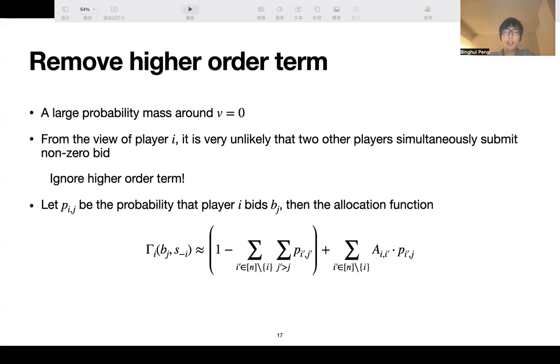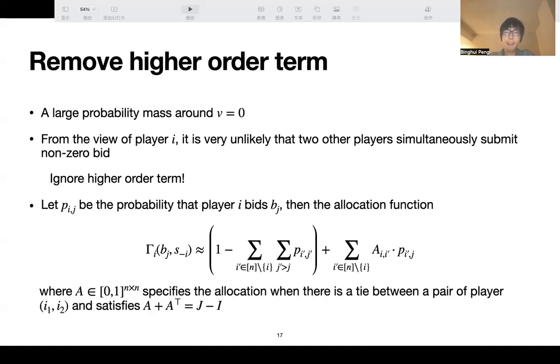Then the allocation function can be approximated as follows, which is a linear form of the probabilities Pij. This allocation function is derived by ignoring the case that more than 3 players have non-zero bids, and only enumerating the cases where 1 or 2 players have non-zero bids.